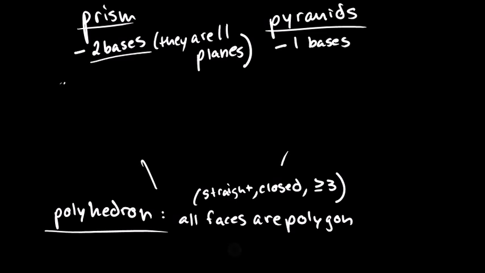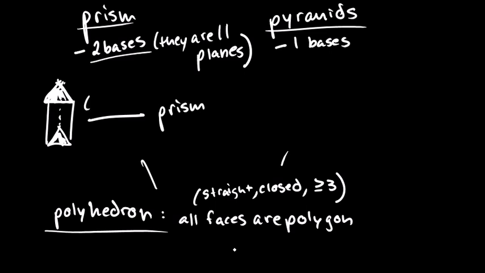I could have any sort of shape here, but this left side and this right side also intersect with the front face. To determine if it is a prism, I need to see if it has 2 parallel bases, and I actually do. We would name it by the shape of the base, so the base here is a triangle, and this would be a triangular prism.